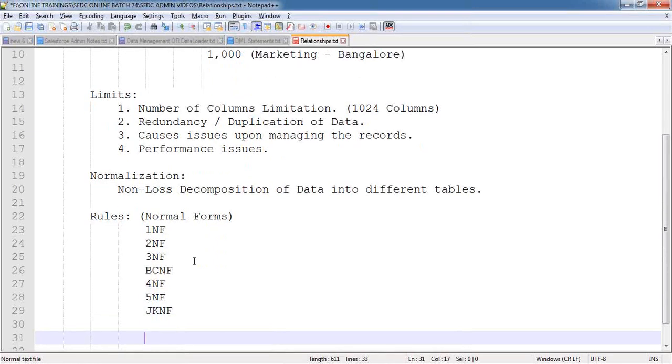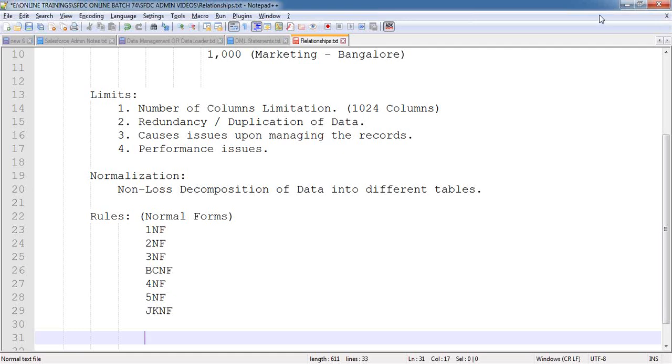These are the various rules, principles, or guidelines which we need to follow upon splitting the data from one table to multiple tables.